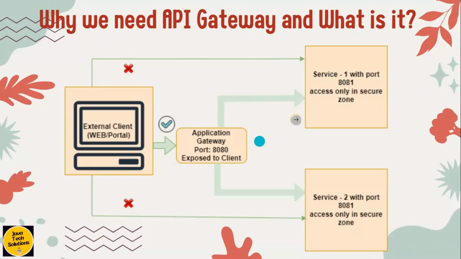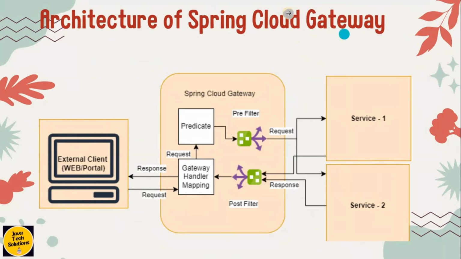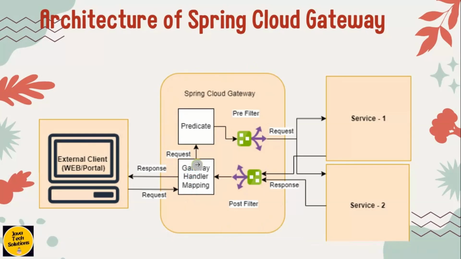Next we will talk about the architecture of Spring Cloud Gateway. Here you can see the external client and the gateway. Spring Cloud Gateway is an API gateway implemented by the Spring Cloud team on top of Spring Reactor. It consists of a lot of things.